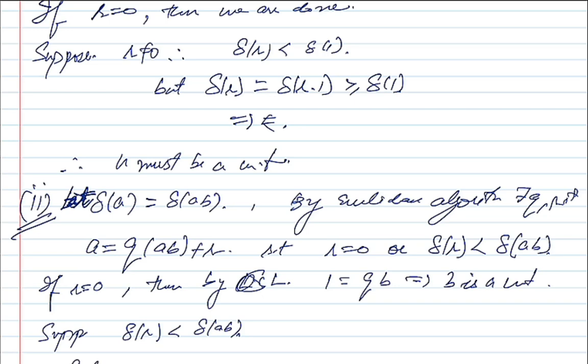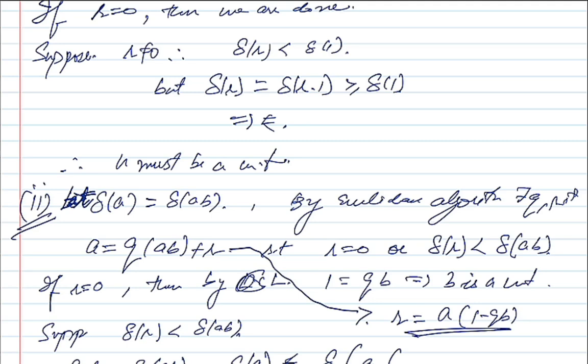But delta of AB, which is equal to delta of A, is less than or equal to delta of A into 1 minus qB, because r is equal to A into 1 minus qB, from here.